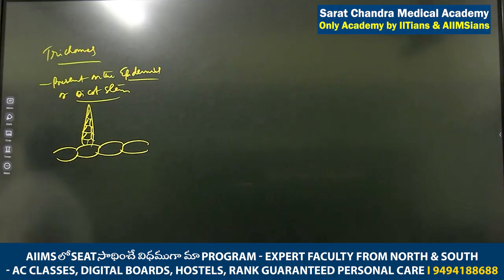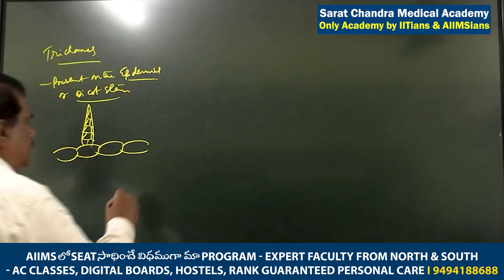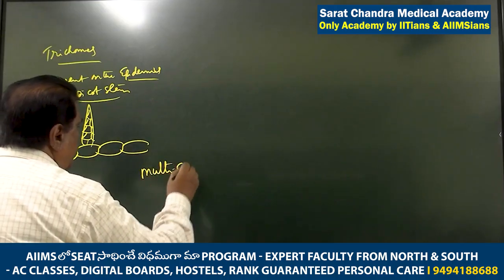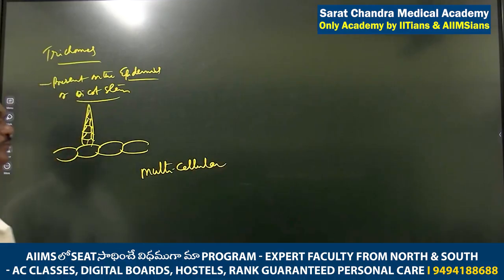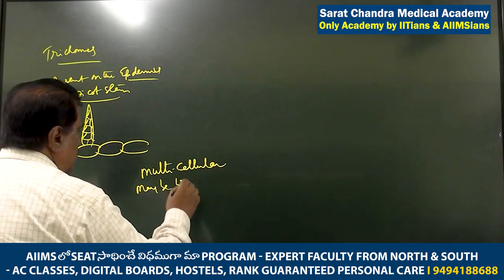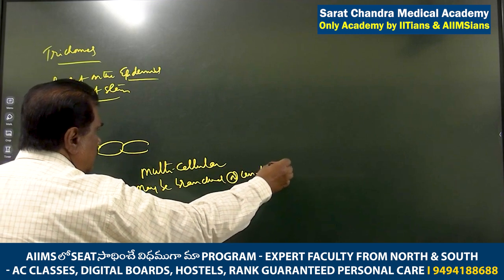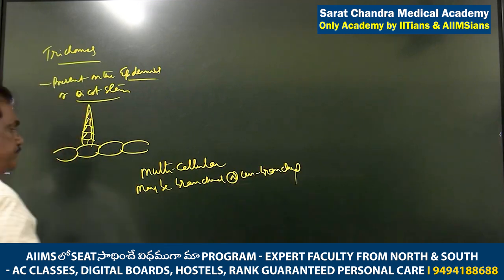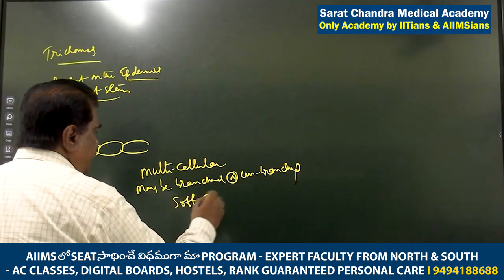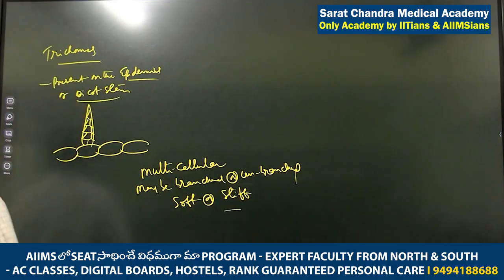Trichomes are composed of how many cells? Many cells. Composed of many cells, so they are multicellular.